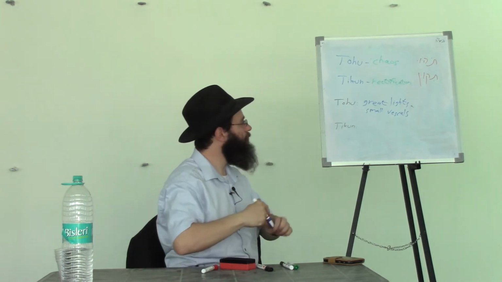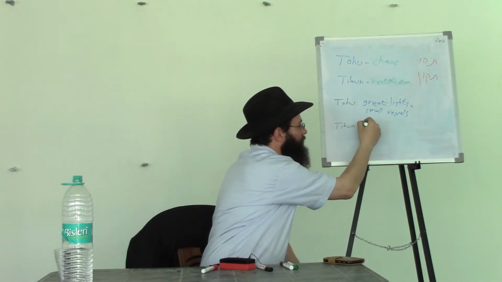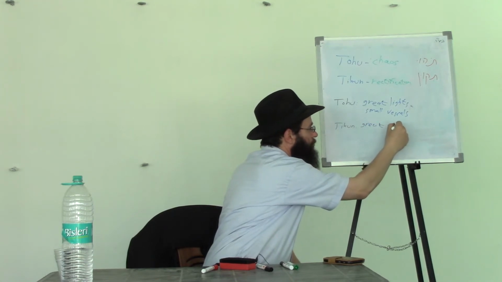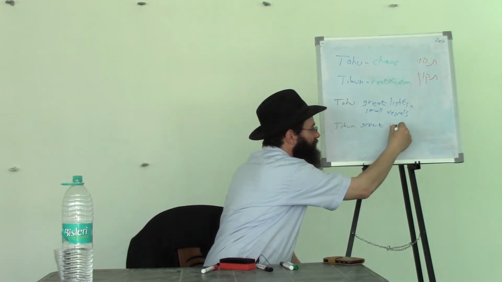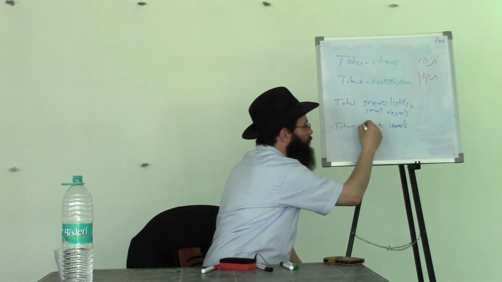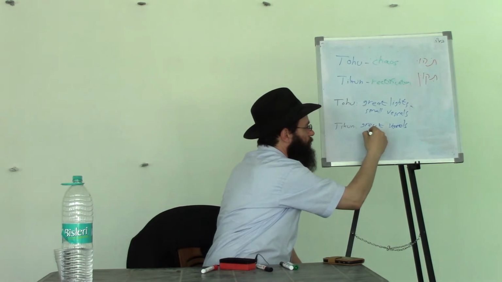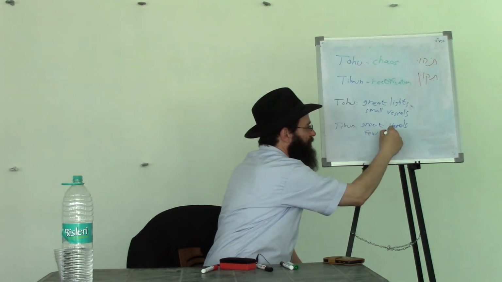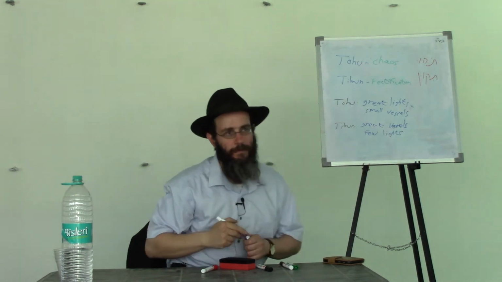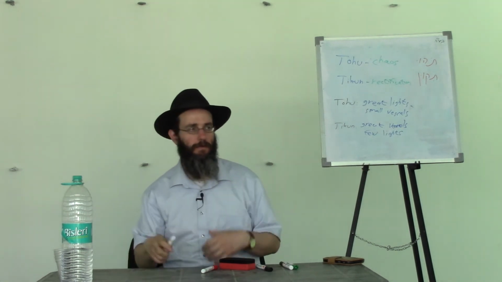The opposite: great vessels, but smaller, fewer lights.